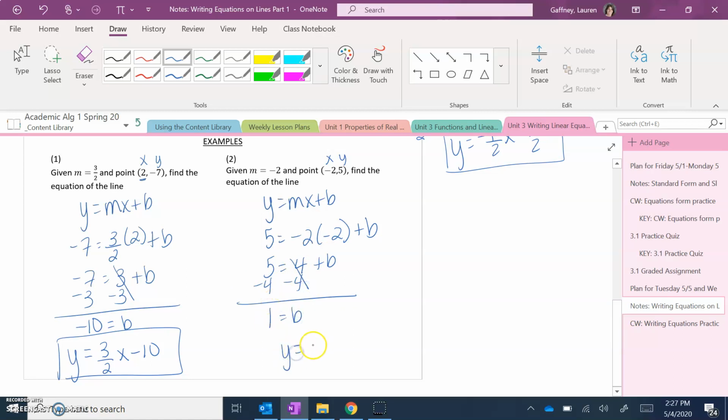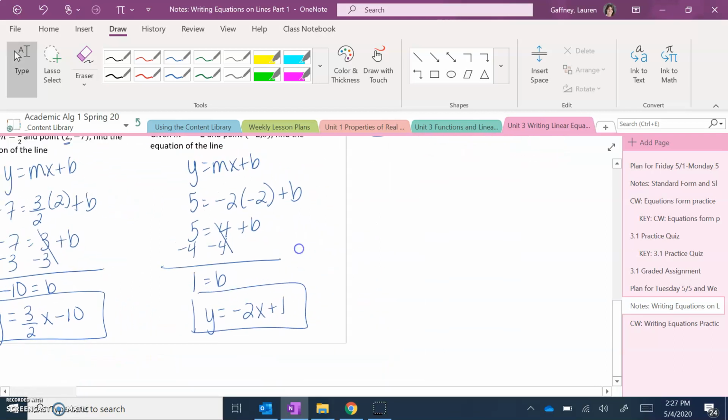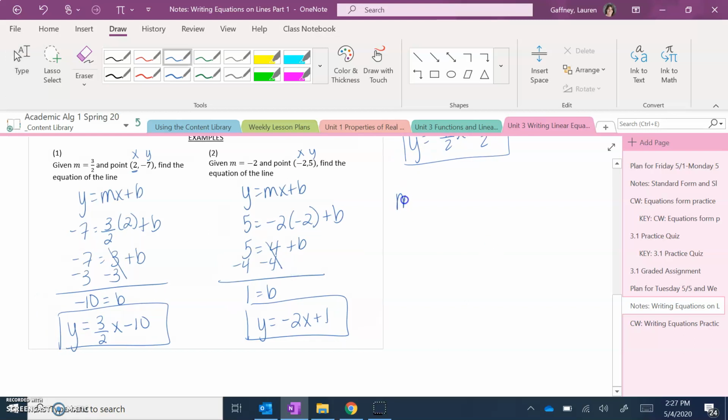So final answer, fill in m, so y equals mx, and then the plus b. Now, real quick side note that I want to address. If I told you that the m were 0 and it goes through the point 1, 2. So let's just add this on real quick, sorry. M equal to 0 means that we have a horizontal line.